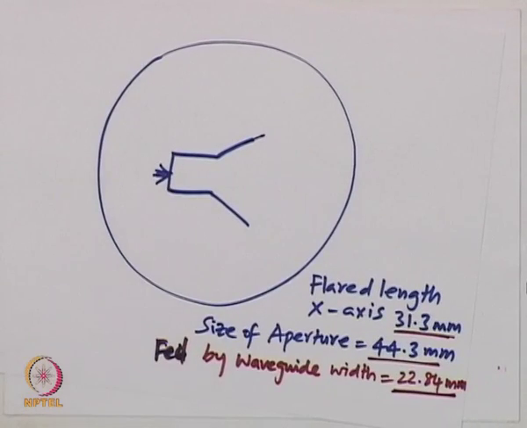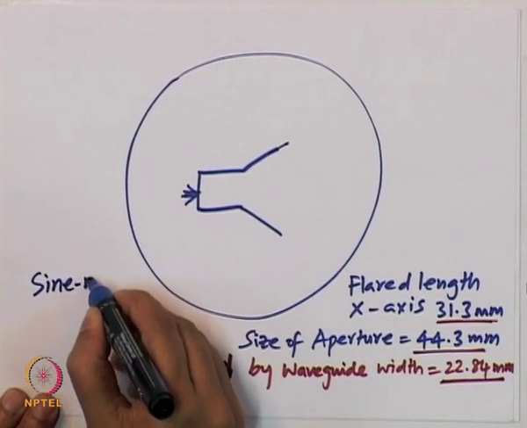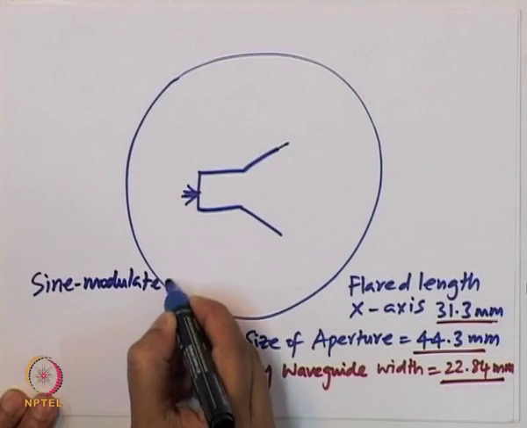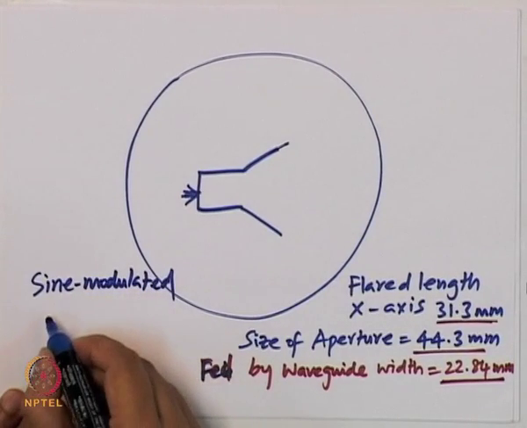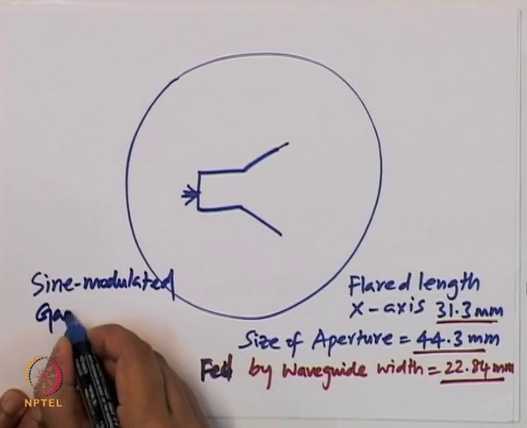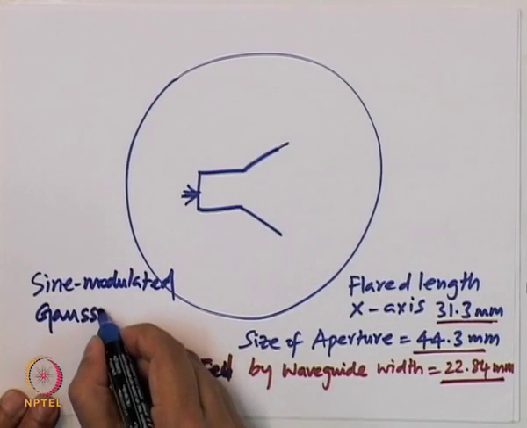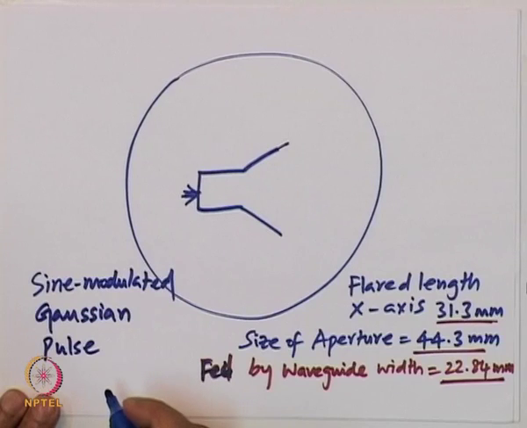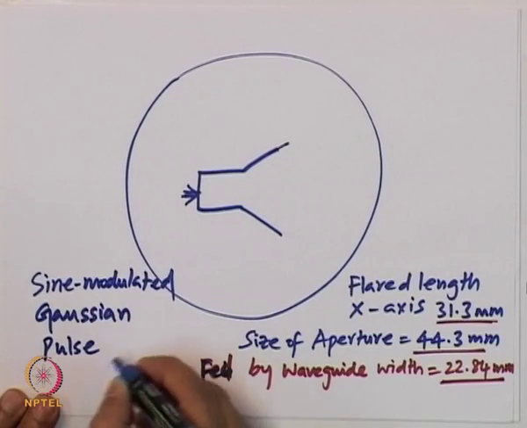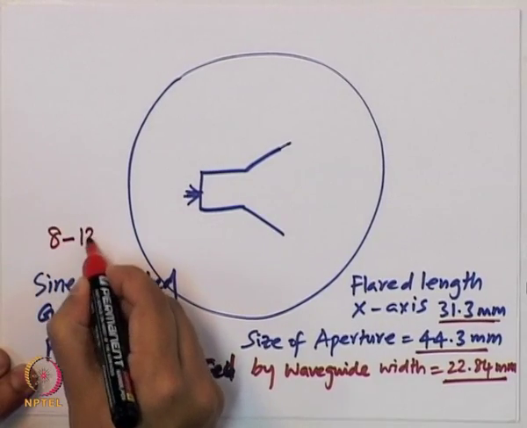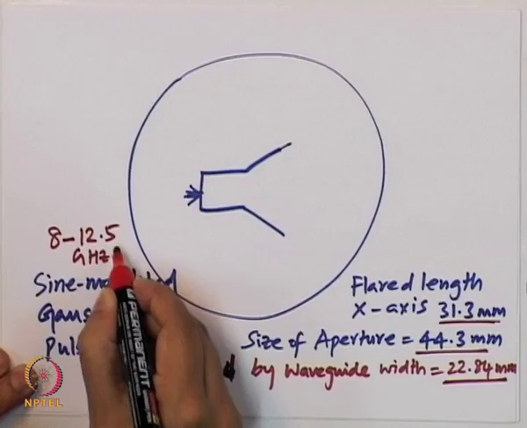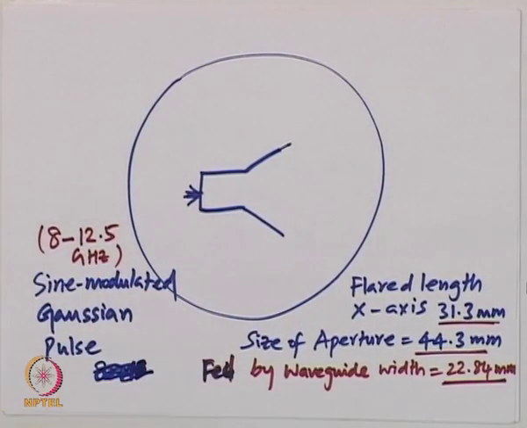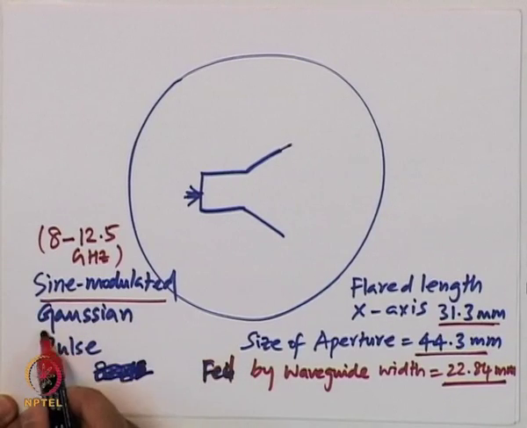So what we are using is a sine modulated Gaussian pulse, and whose bandwidth is roughly between 8 to 12.5 gigahertz. So this is the width of the band. It is going to be a sine modulated Gaussian pulse.